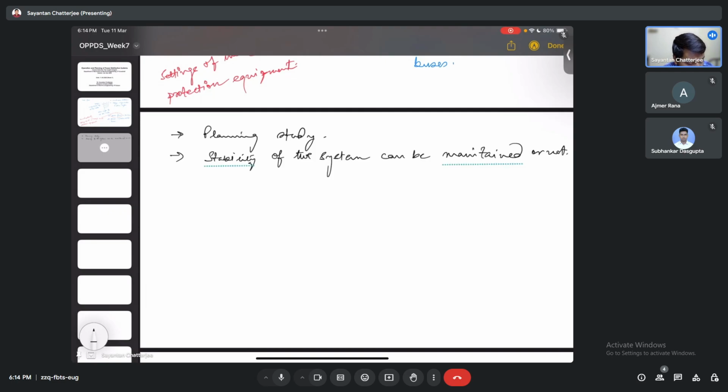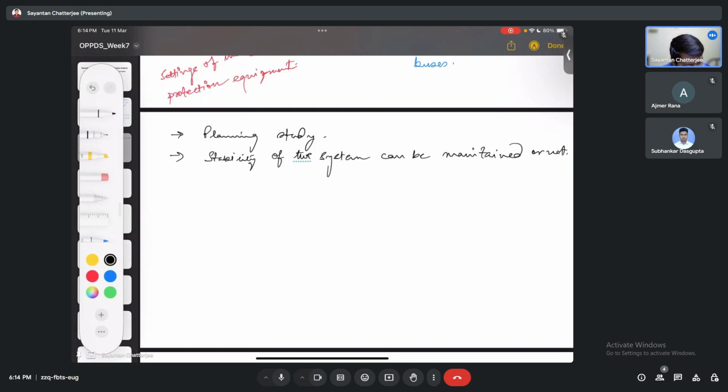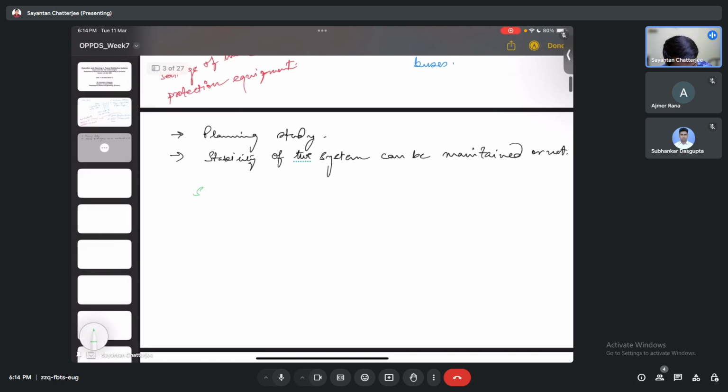So the question is, we have another operational tool, a power system operation tool, that is also known as state estimation, right?